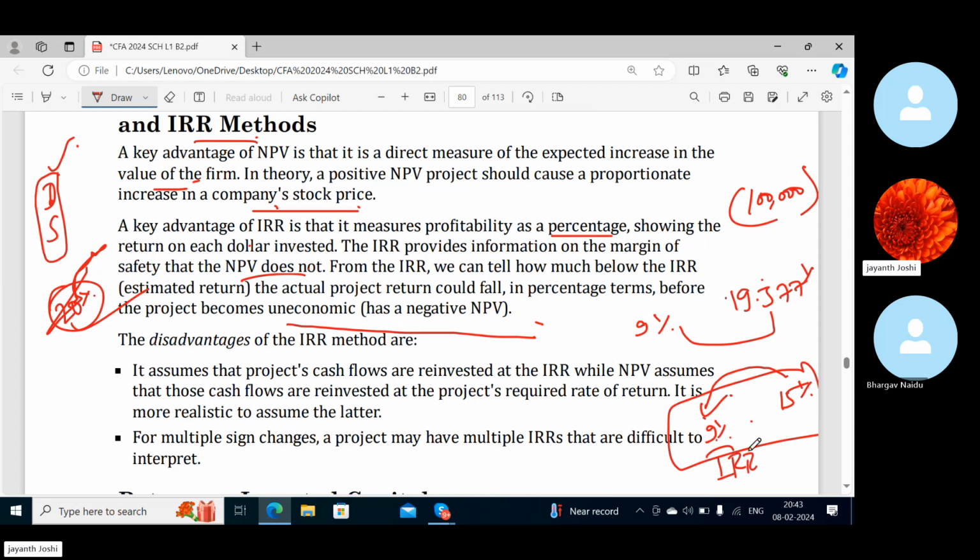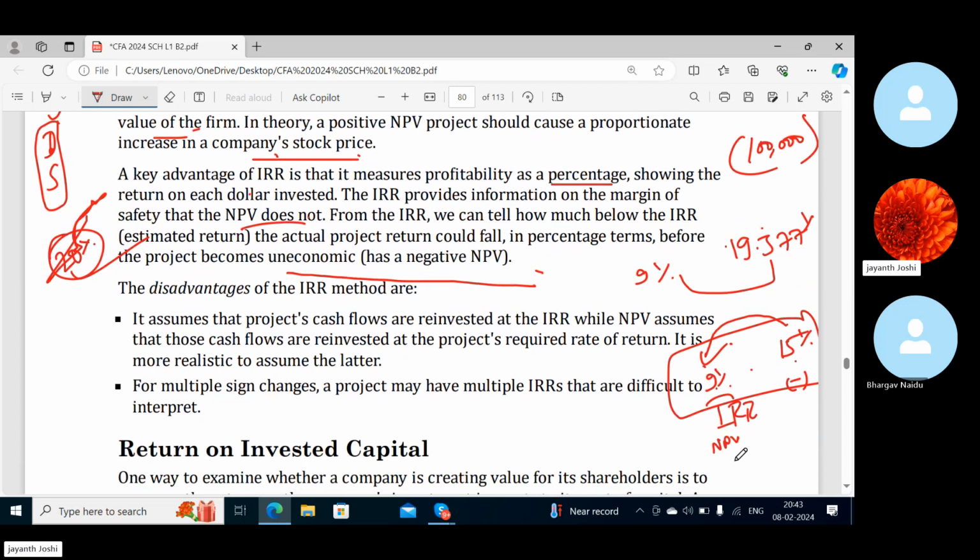At this your NPV will be 0, and at this your NPV will be negative, right? So how much should it fall from this percentage, so that you can get at least 0 NPV or positive NPV, you can calculate as 15 minus 9 divided by 15. That can tell you how much it should fall.